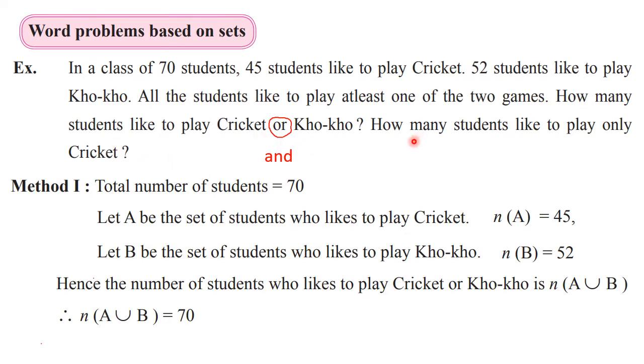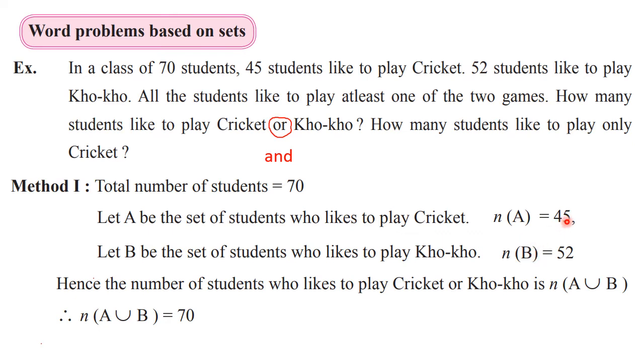The second thing: how many students like to play only cricket? When we subtract N of A intersection B from this 45, the number of students who play cricket, we get the students who play only cricket, because N of A intersection B means the students who play both games.